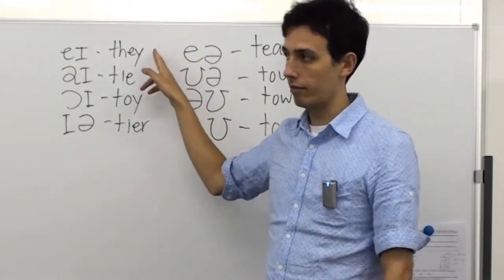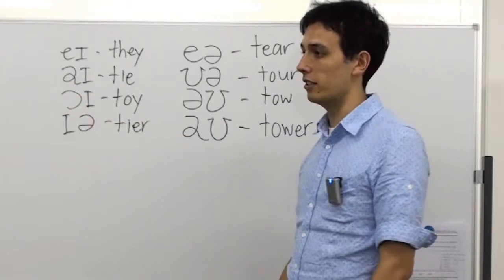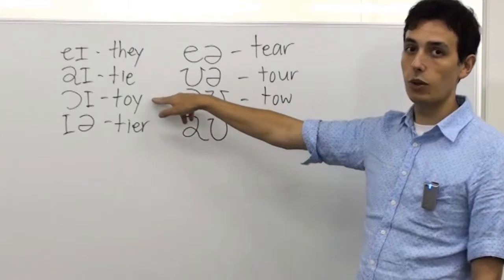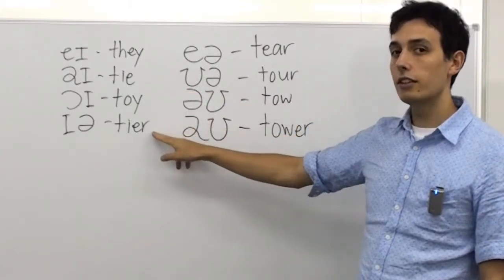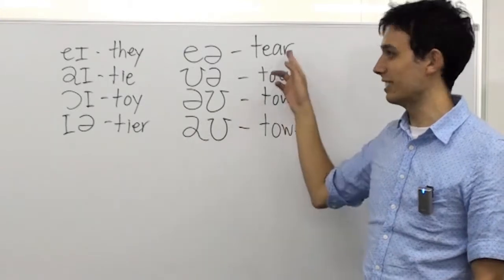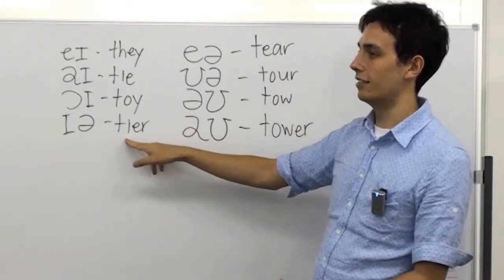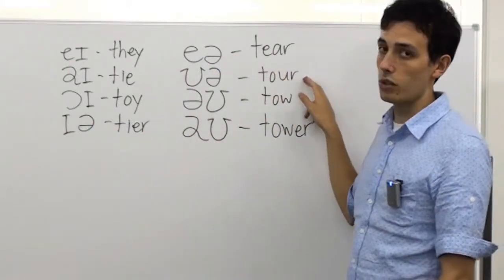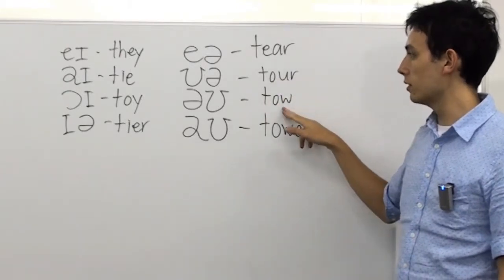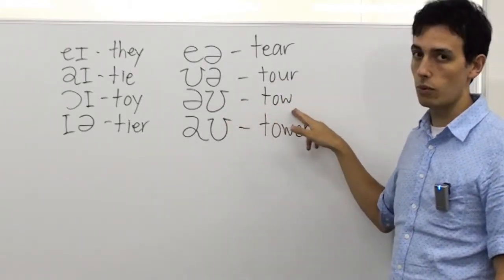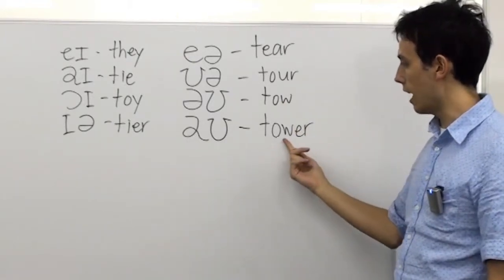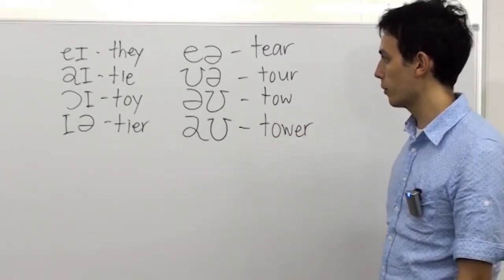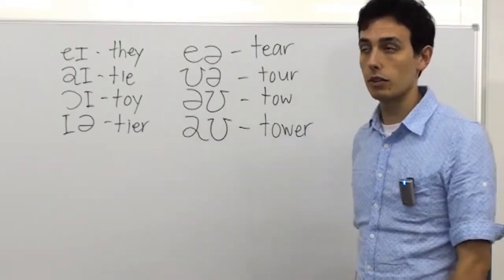We've got they, tie, toy, ear, tear, this is ear, air, tear, tour, oh, toe, and here, ow, tower. So don't worry about this part, tower. Okay, cool. Everything's all good.